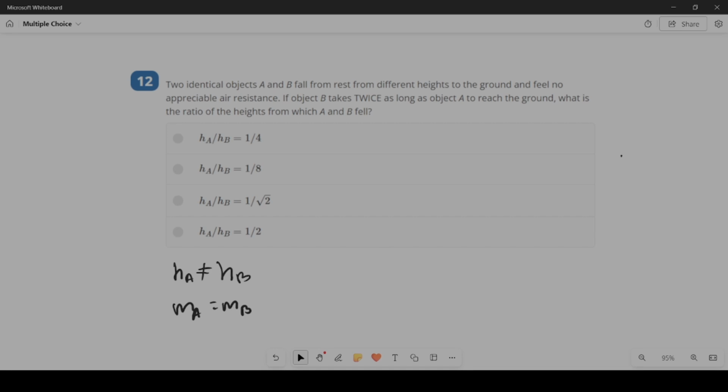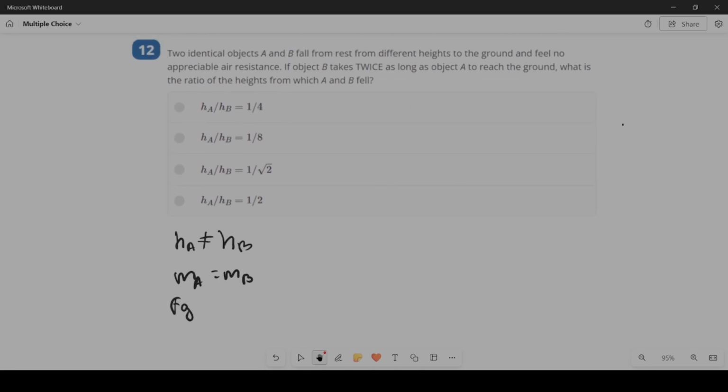Now, they fall from rest. That means that this is a free fall situation. Therefore, the force of gravity is the only force acting on the objects. No air resistance, so it's just the force of gravity, and from that it follows that the acceleration of the objects is only g.